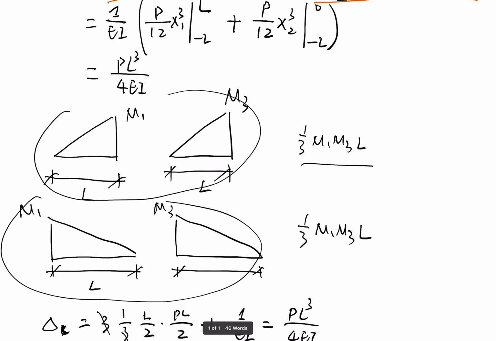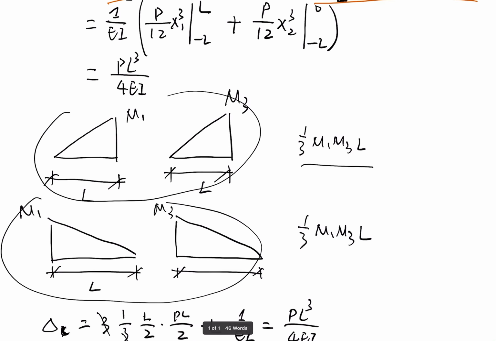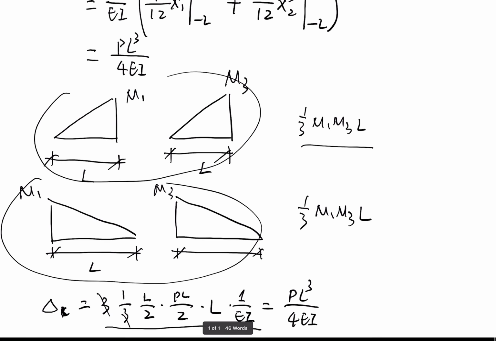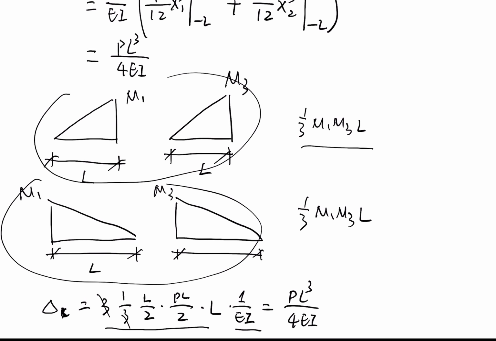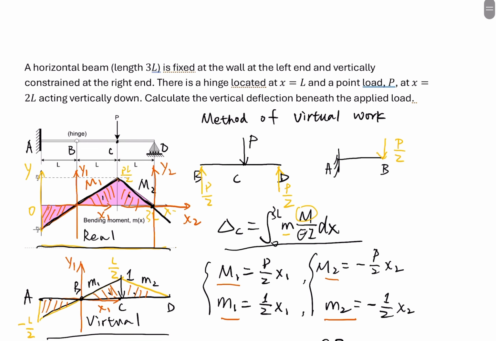Also, we use visual integration to find the pair of two bending moment diagrams, and then we can easily evaluate the integrals for the virtual work method. So this is the method of virtual work applied to these questions. Thank you.